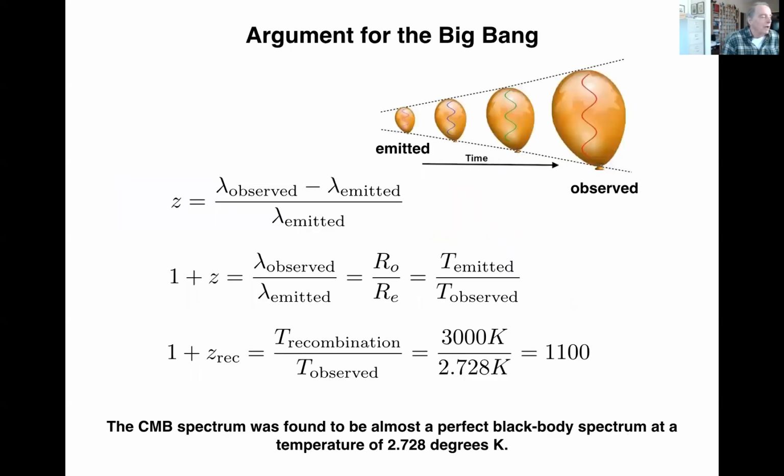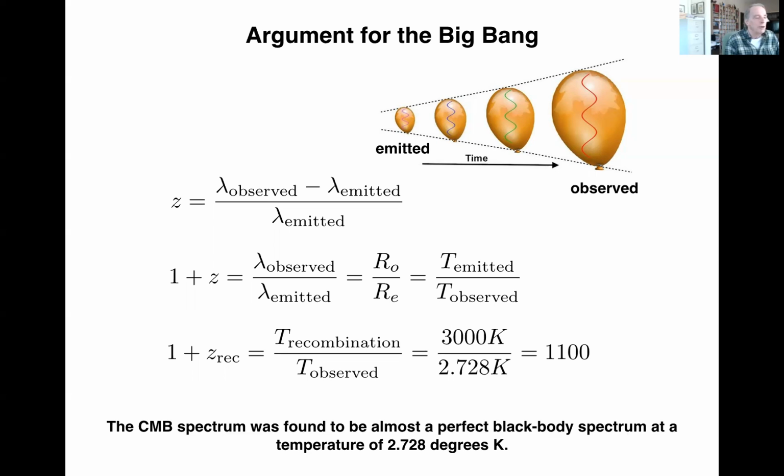Now I'm going to display a couple of simple formulas here. There's one or two points I want to bring out, which is all I'm interested in here. As the universe expands, as you can see in the upper right here, the wavelengths of photons propagating through the universe increase.